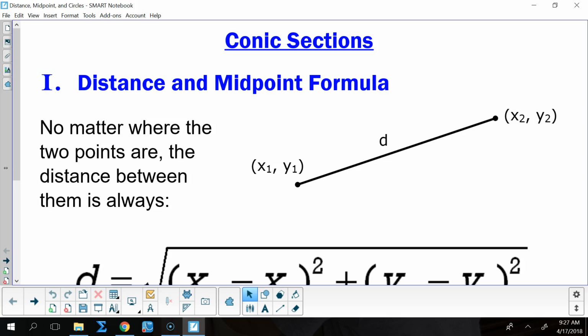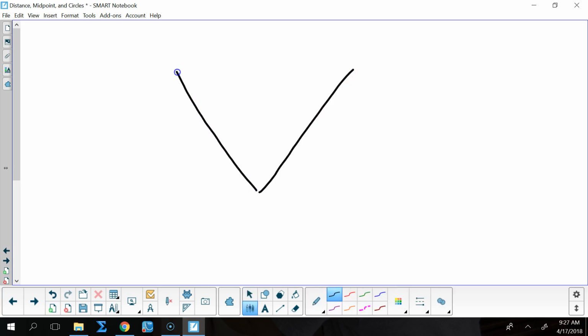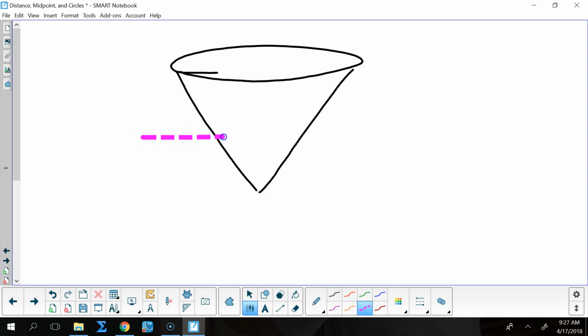If I take a cone, let me see if I can draw one now. Okay, so if I take a cone and I slice it horizontally, that's going to give me a circle, because a cone is a circle with an ever-increasing radius, right?